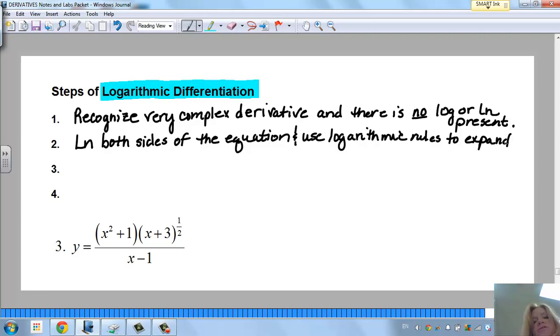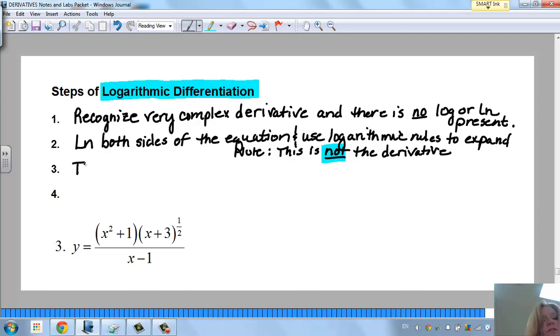Now the one thing I want you to note, this is not doing the derivative. Okay? This is just expanding your problem with log rules. So I'm making a big deal here that this is not the derivative.